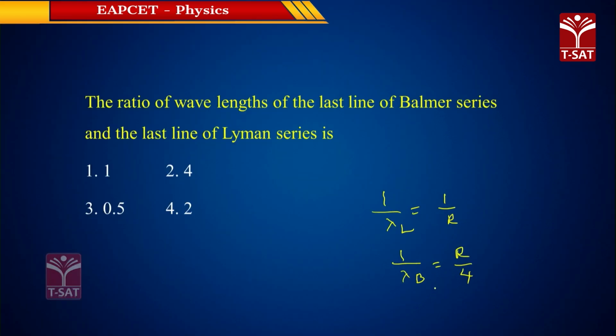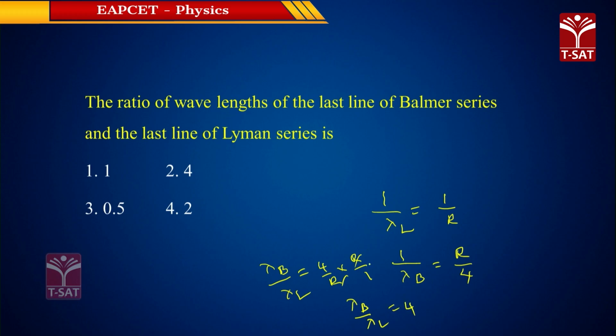Therefore lambda B by lambda L, this is equal to what here? 4 by R into R by 1, R gets cancelled, so lambda B by lambda L is equal to 4.